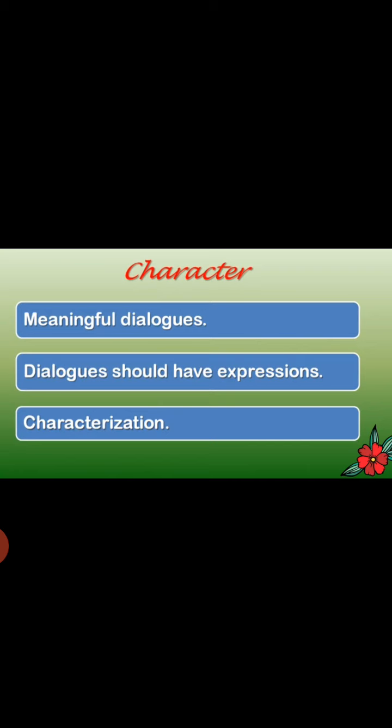Usually, there is one main character in the story, while the other characters are minor or supportive, and they should have meaningful dialogues. Dialogue should have expressions and give characterization to your character, means describe their character traits, use some adjectives to explain their characterization.